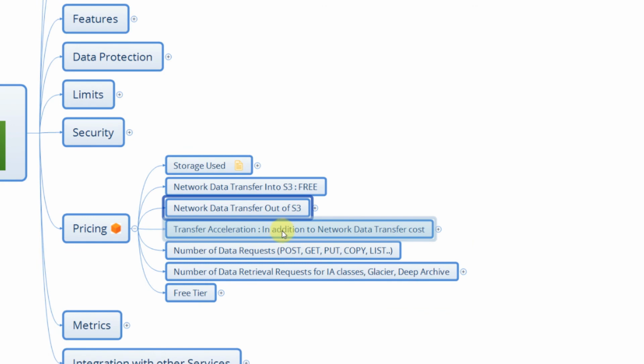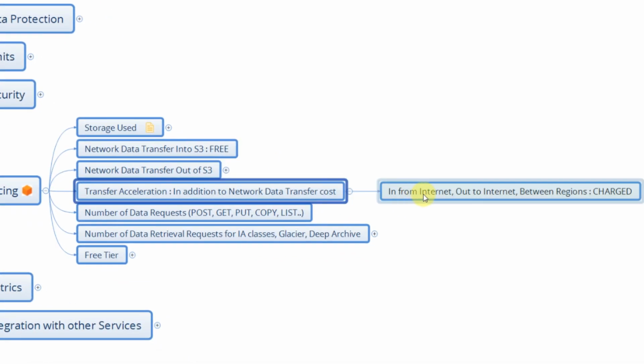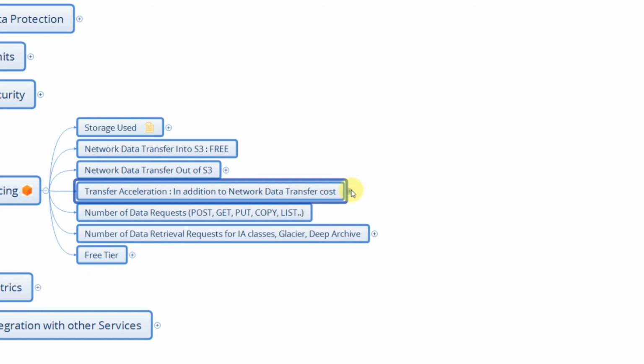Transfer acceleration, there's an additional cost in addition to network data transfer cost. So data coming in from the internet and going out to the internet and between regions is charged when transfer acceleration is used. The other parameter that's used for charging is the number of data requests using S3 API calls.